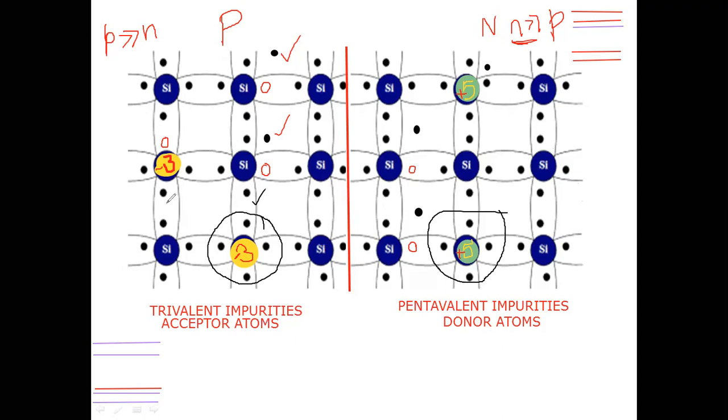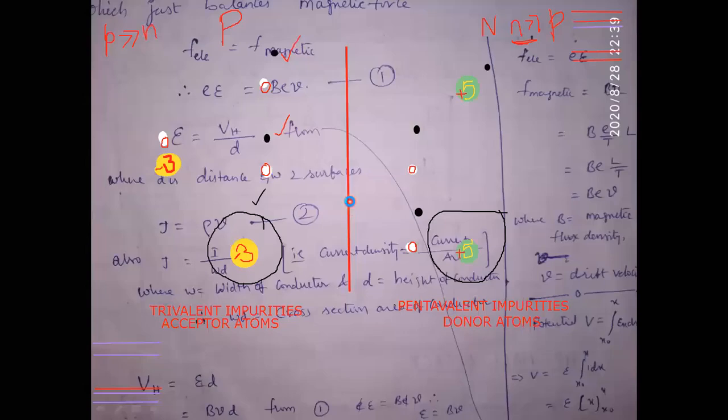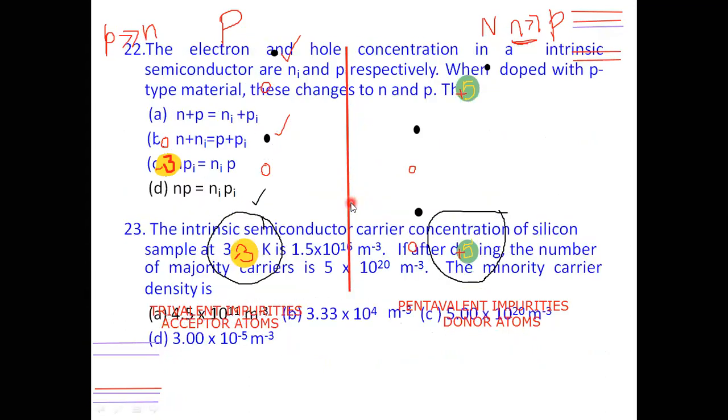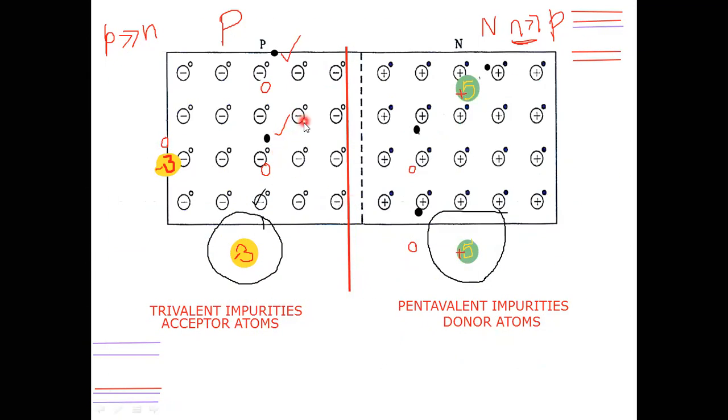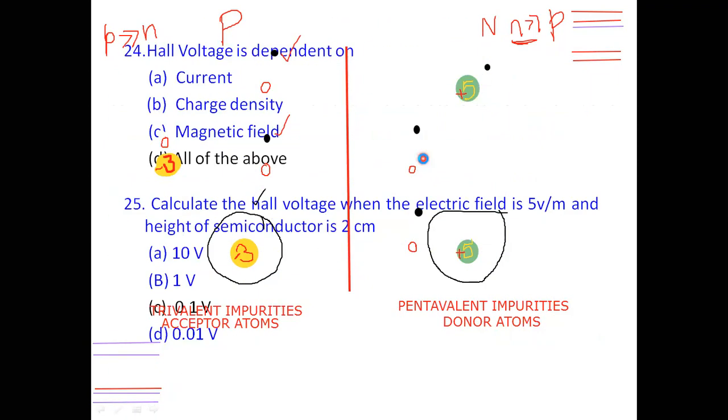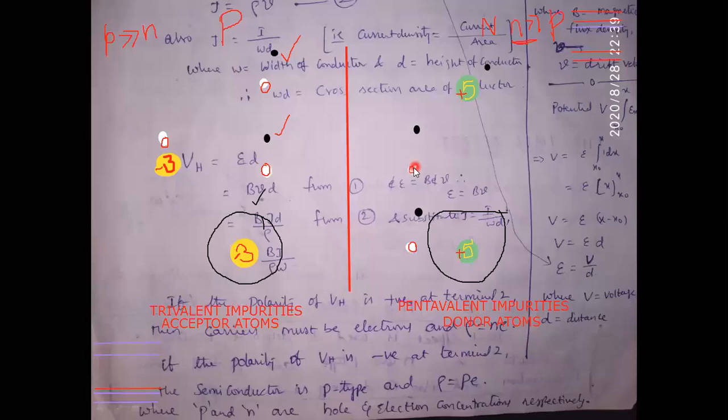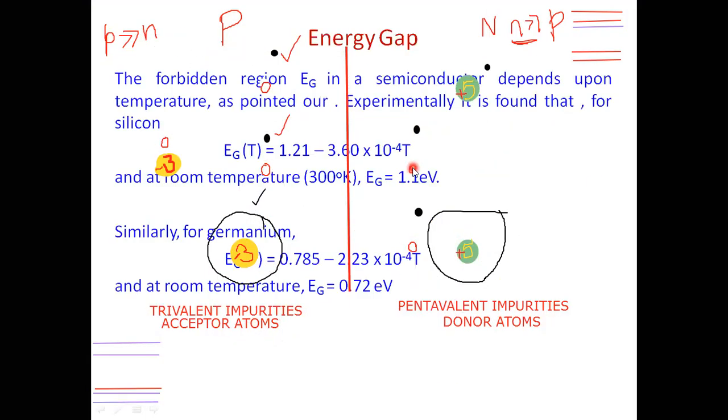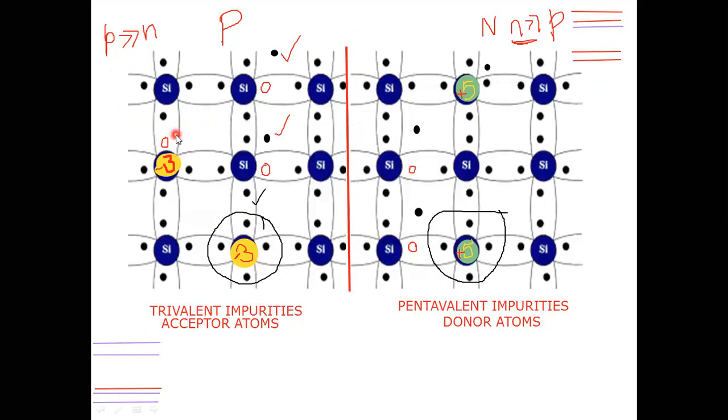So I am representing this semiconductor substrate like this. See here, I am taking acceptor and donor atoms only, free holes and free electrons only. I am not drawing the total semiconductor crystal with silicon atoms. Why? Because the silicon atom doesn't take part in the conduction process.